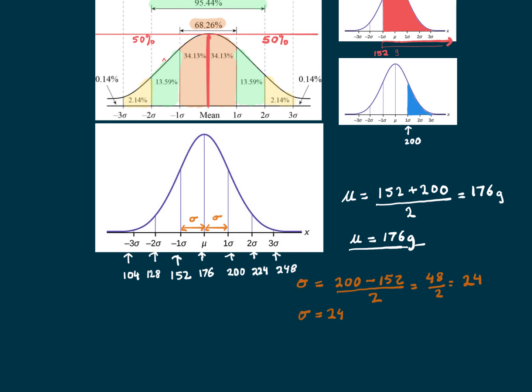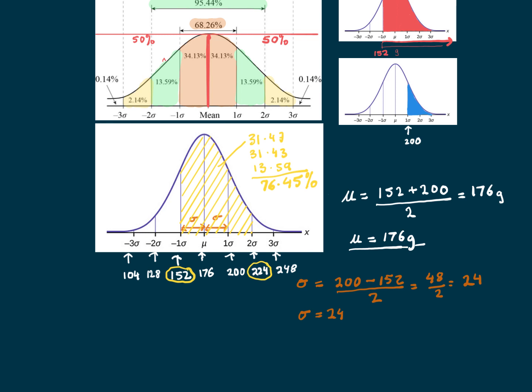So to find the percentage of oranges that would lie between weighing 152 and 224 grams, we could shade in the areas in which those weights lie, which would add up to 31.43, 31.43, and 13.59, altogether 76.45%.